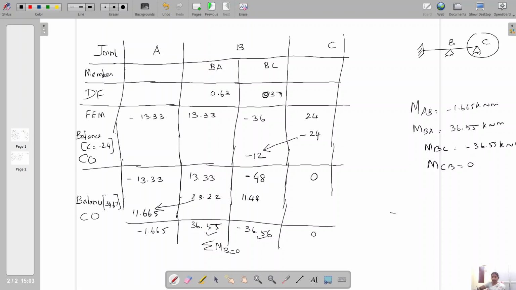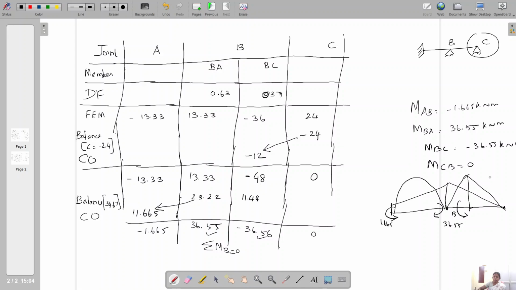Okay, you can draw the bending moment diagram. You mark the anti-clockwise moment, that is minus 1.665 here, and at joint B to A it is clockwise moment of 36.55, here anti-clockwise moment of 36.55, and at joint C it is 0. So you extend the ordinate on the tail side, you connect, and you superimpose the free body bending moment diagram and mark the values.